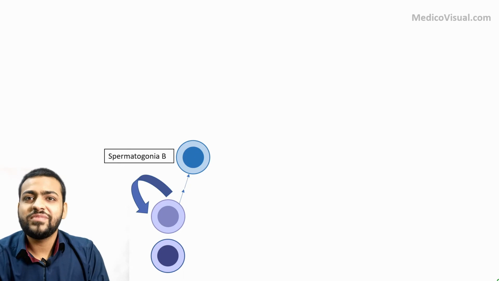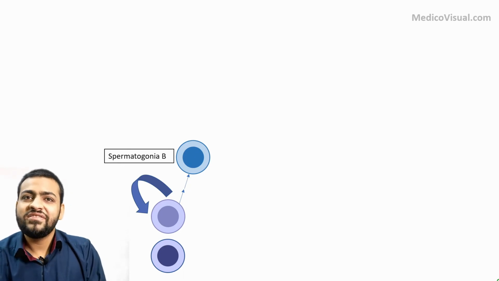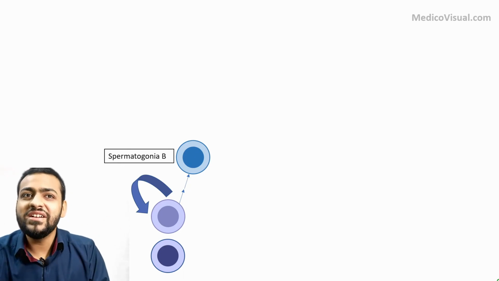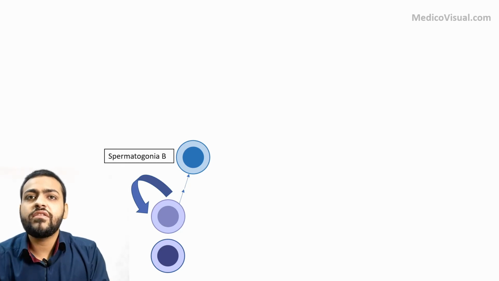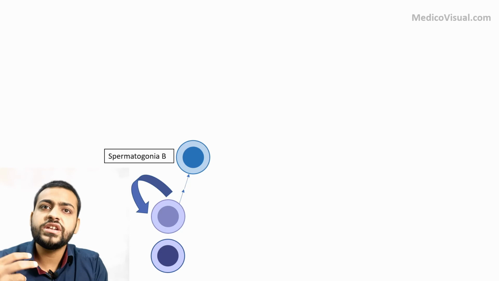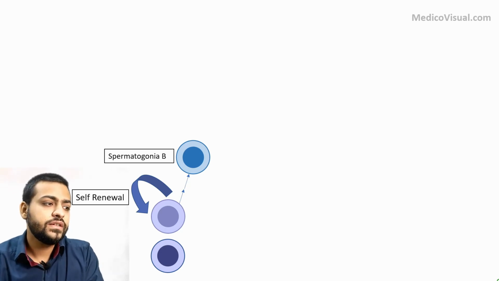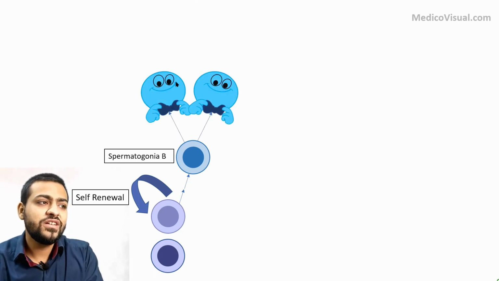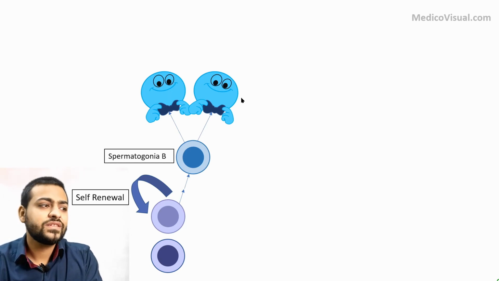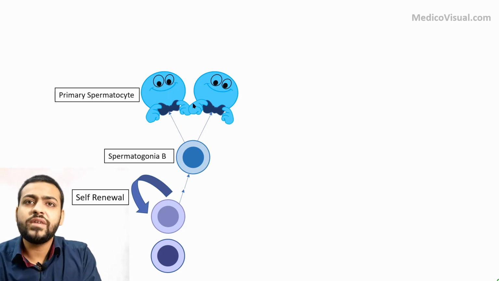Now what will happen? Spermatogonia B is still not ready for meiosis. It needs to be further differentiated. It will form a more differentiated cell. And what is that more differentiated cell? Through mitosis, it will form primary spermatocyte.